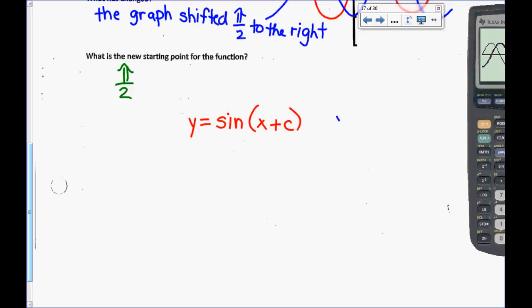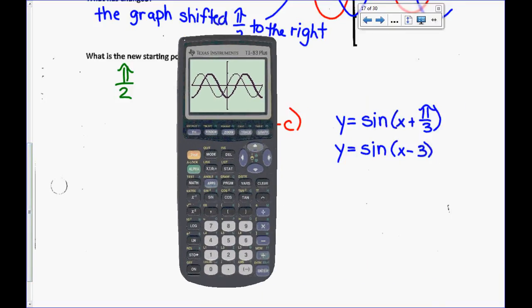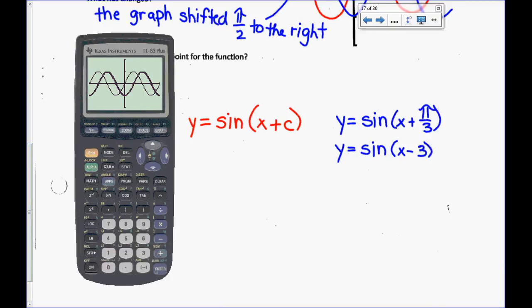And I'm going to give you some examples. Y equals sine x plus pi over 3. Or you might have something where you're subtracting something from x, like x minus 3. What this is going to do is shift, this one will be shifted pi over 3 units left.